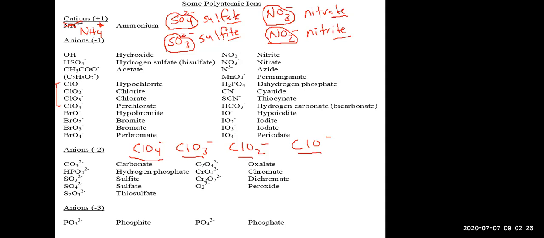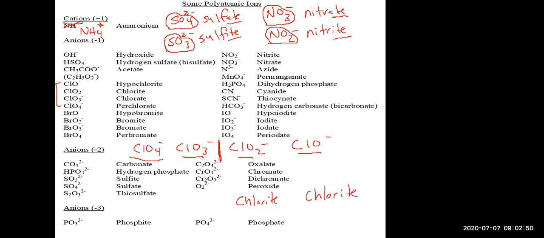So that's a group of 4, which means if I break it right about here and go to the right, these are the ones that have the least number of oxygens, and they should end in ite, which they do. So if I go down here to write it, this one would be chlorite, and this one would be chlorite, ite at the end of it.